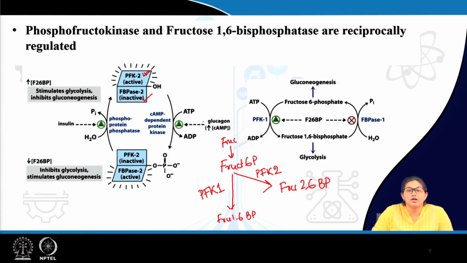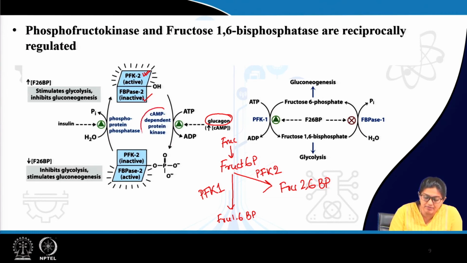Now, when glucose is low in circulation, there is release of glucagon. This glucagon hormone activates the cyclic AMP mediated pathway, which activates cyclic AMP dependent protein kinase. Now, this protein kinase phosphorylates whom? This bifunctional enzyme.